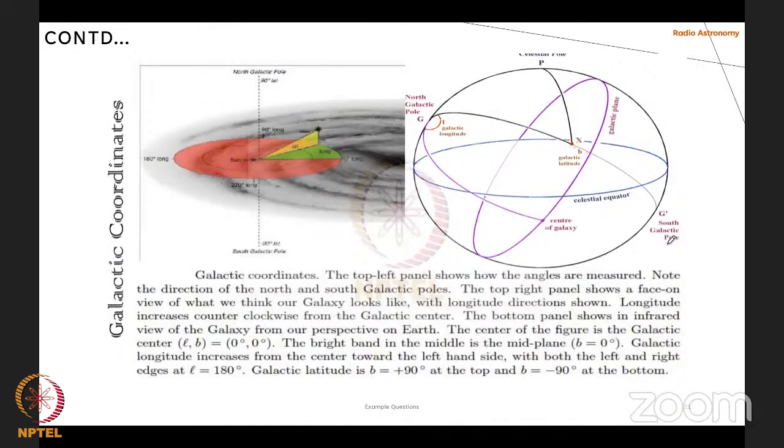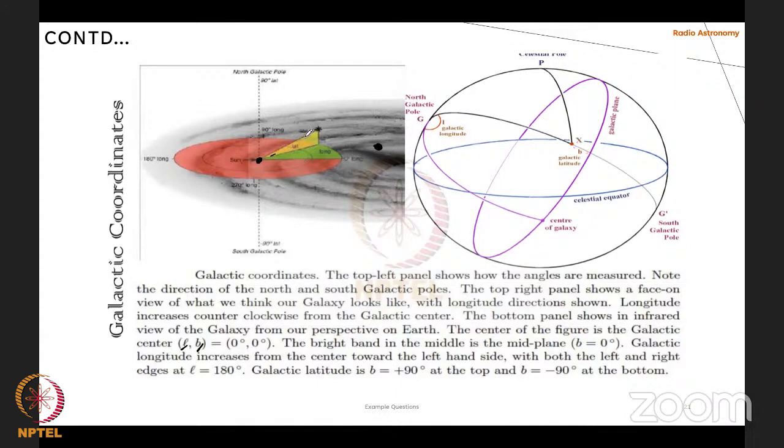The next coordinate system is galactic coordinates, where the Sun is the center of the coordinate system, meaning the origin, and the 0 degree is towards the galaxy center, meaning our Milky Way galaxy center. From there, a similar lat-long type of coordinate system is generated, and both L and B, that is galactic longitude and galactic latitude, are in degrees, minutes, and seconds.